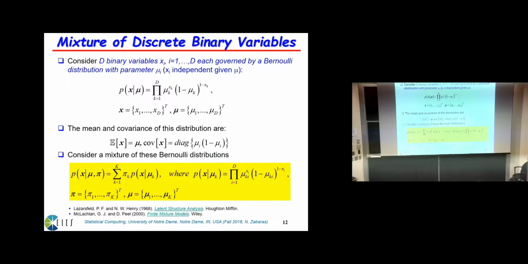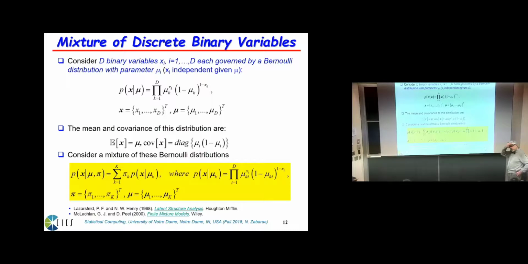Okay? And the covariance is the diagonal of mu i times 1 minus mu i. And actually, I want you to remember that for this distribution there is no correlation, so all the off-diagonal elements are 0.